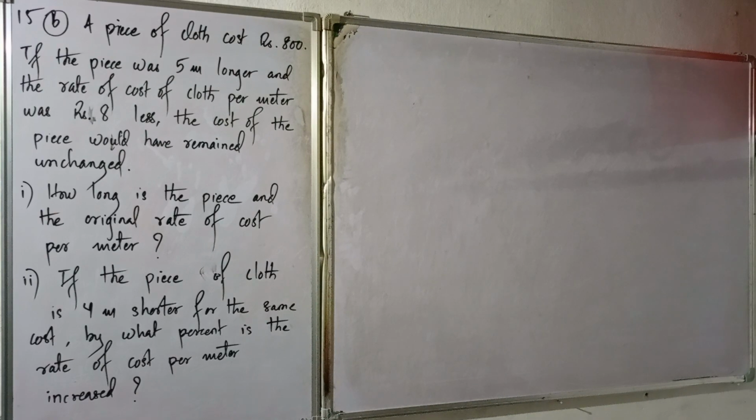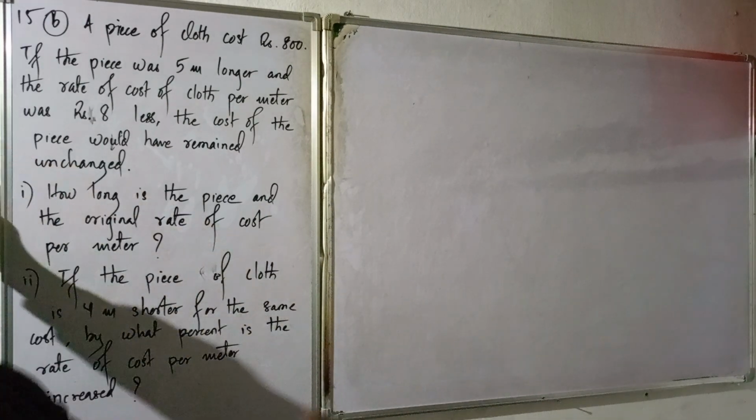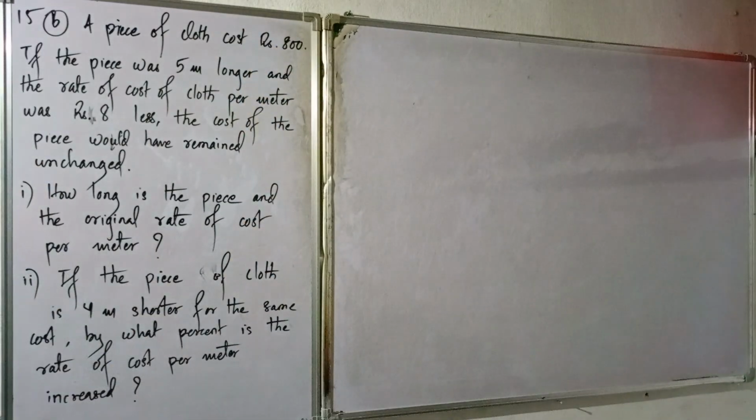So we have to suppose two variables with some letters, x and y. The condition is given: if the piece was 5 meters longer and the rate of cost of cloth per meter was rupees 8 less than the original price, the cost would have remained unchanged. So the cost will be the same, rupees 800.